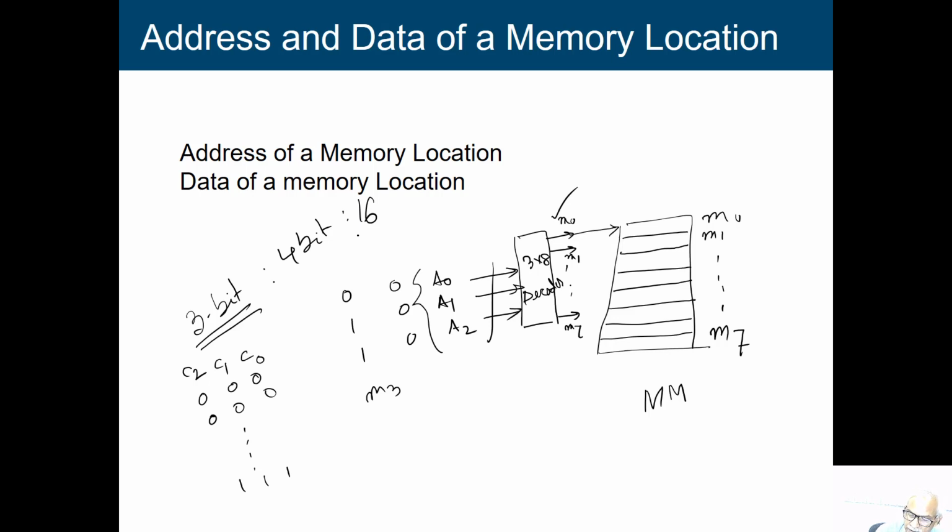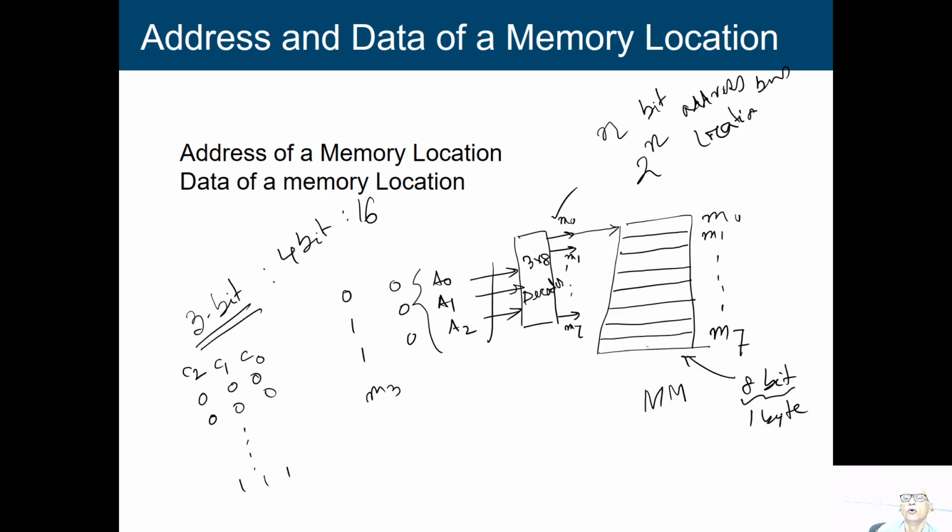In this way, with n bits of address bus we can go up to 2 to the power n locations. Now, if I am going to store 8 bits of information, then 8 bits is nothing but equal to 1 byte. This is the data that we store in this particular memory location.